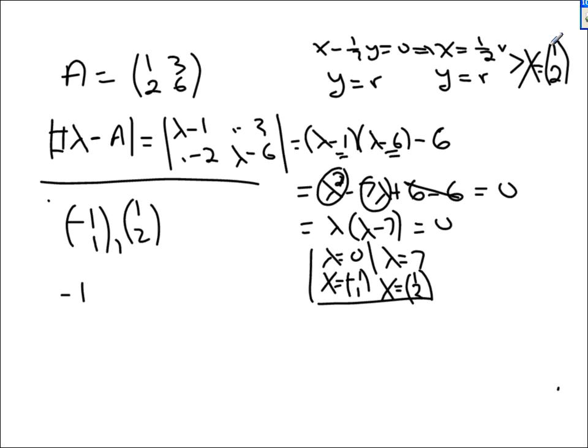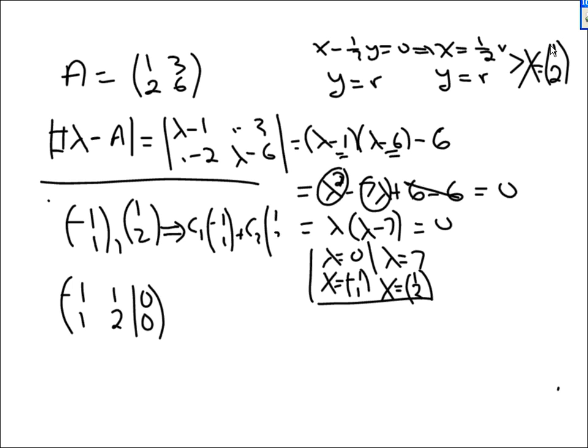I write them down as a column. I augment it with 0. Basically what I'm solving is C1 times the first vector plus C2 times the second vector. I want to know whether or not I get 0, 0. When I do get 0, 0, do I get it because C1 and C2 are 0?